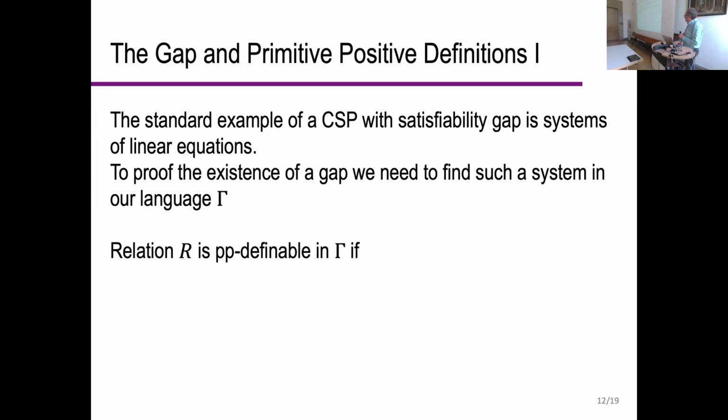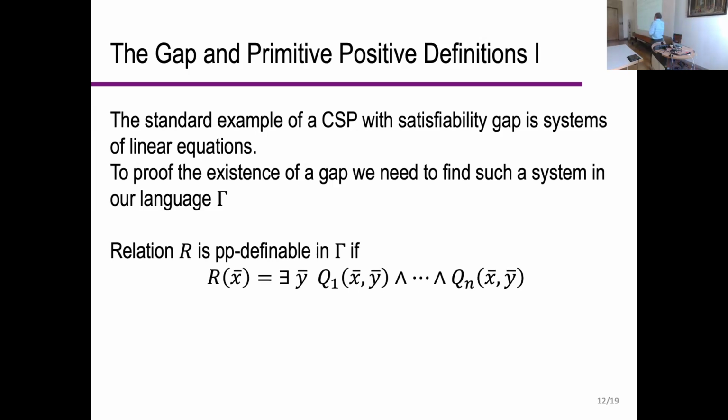We say that a relation is primitive positive definable in gamma if we can express it like this. The relation is a primitive positive formula. There are some variables, the Q1 through Qn are from gamma, and those are just some selection of variables from x and y.